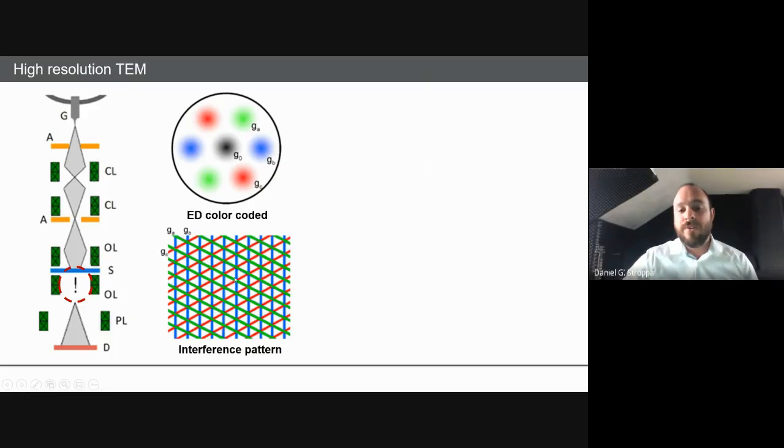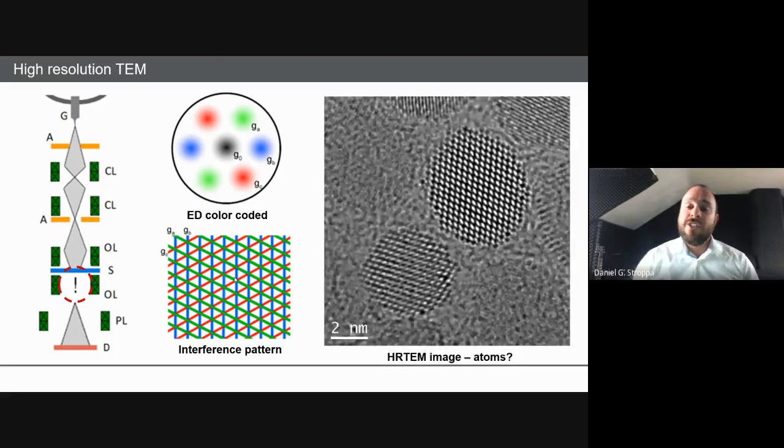This is just the interference of the diffracted components, that they interfere in a way that it looks like a spot pattern that can be related to atoms. So the spacings will be directly related to the space of the crystallographic planes, but not necessarily here you're going to have one atom per bright spot.